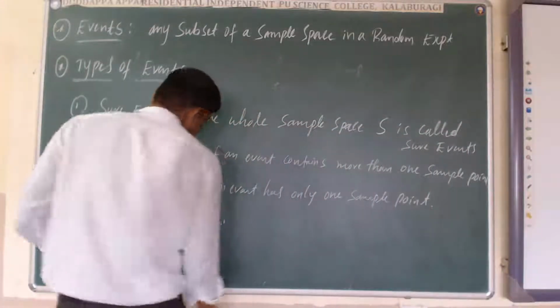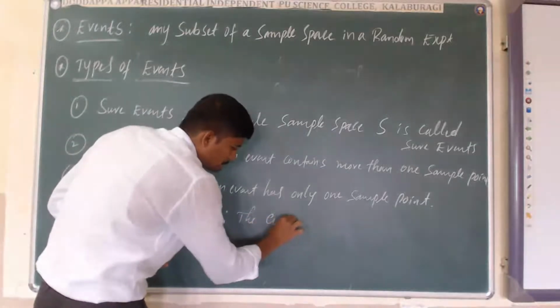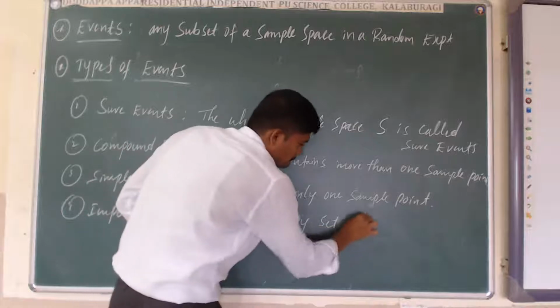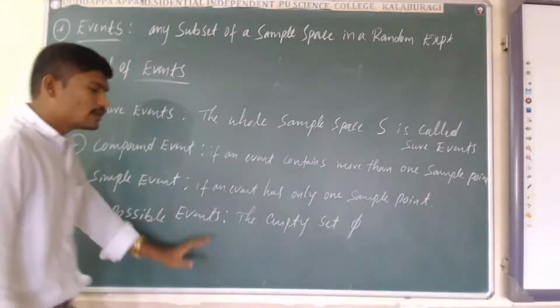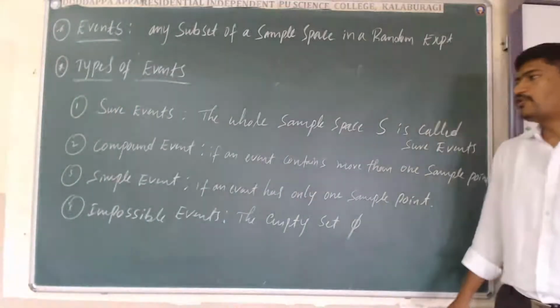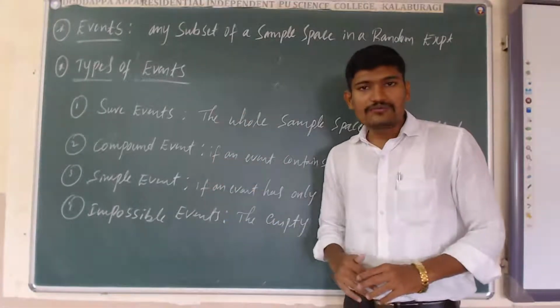And impossible event: the empty set phi is called an impossible event. So these are the types of events.